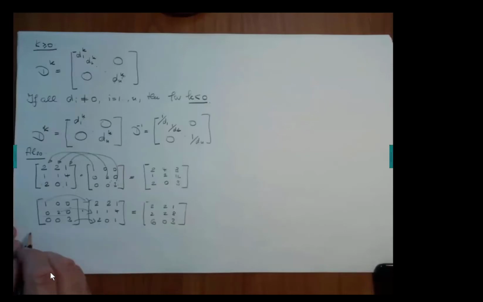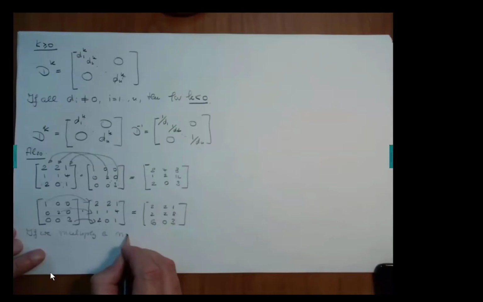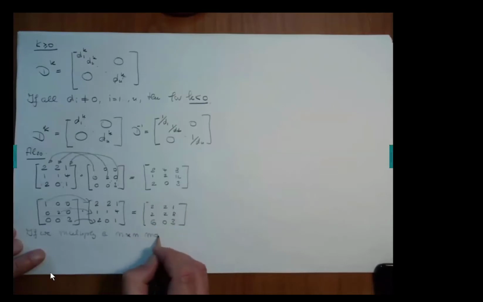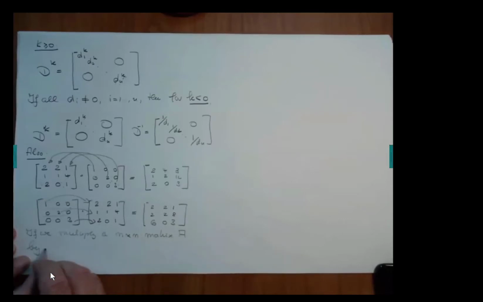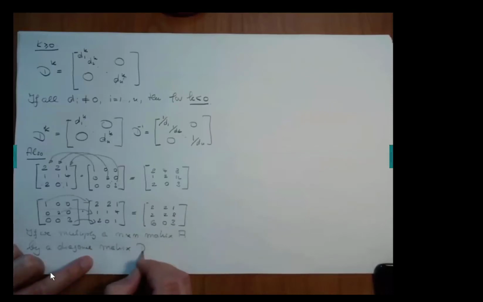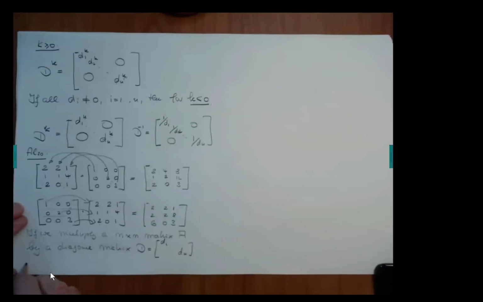So if we multiply an n times n matrix A by a diagonal matrix D, which has entries d1 to dn along the diagonal, from the right.